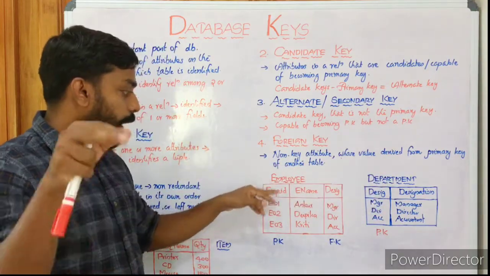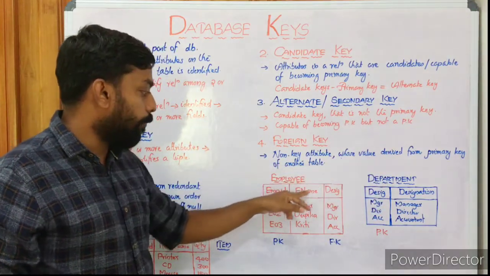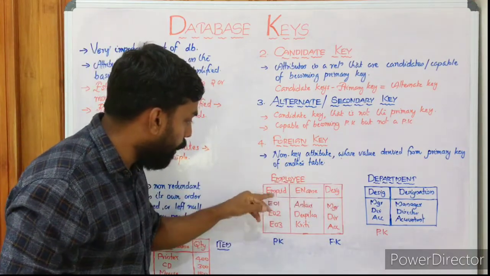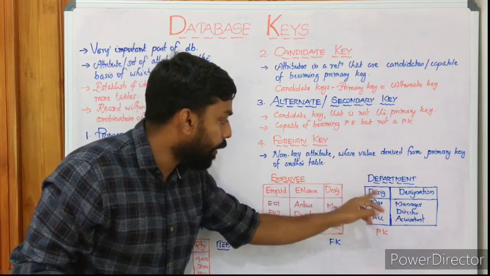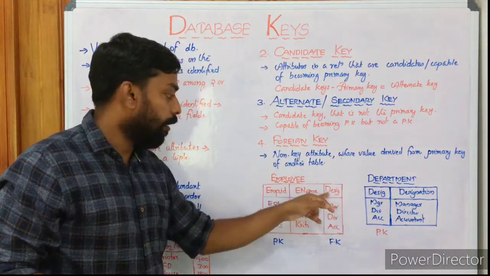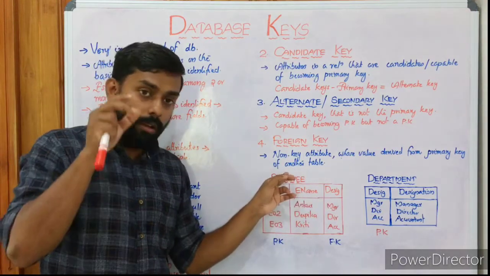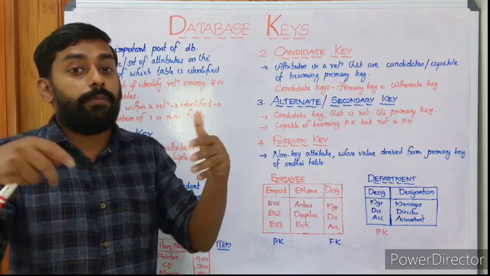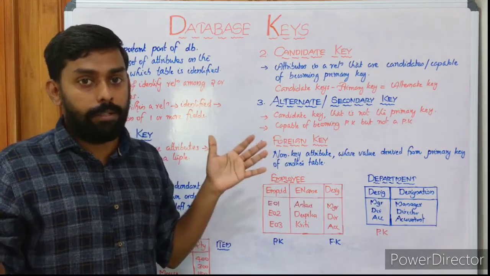We have two tables, employee and department. Employee ID, employee name, desig are the attributes of employee, and in employee, employee ID is the primary key, and in department, desig is the primary key, and this desig is present in employee as well. So desig in employee is the foreign key. It's used to establish a connection when retrieving data from multiple tables.